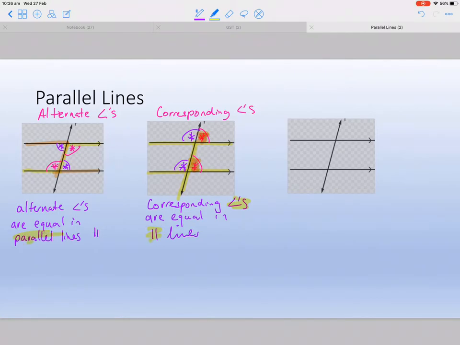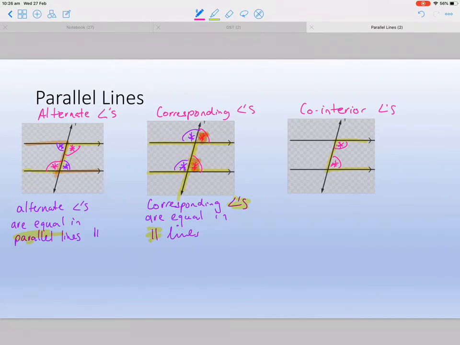So that means parallel. Okay, there's one last one that we're looking at, and that is co-interior angles, okay? And they form like a C, okay? So I'll put that asterisk there. That angle is, no, it's not equal to that.